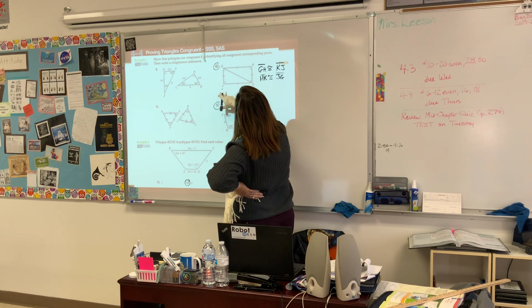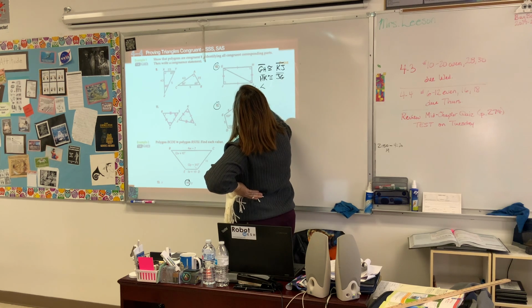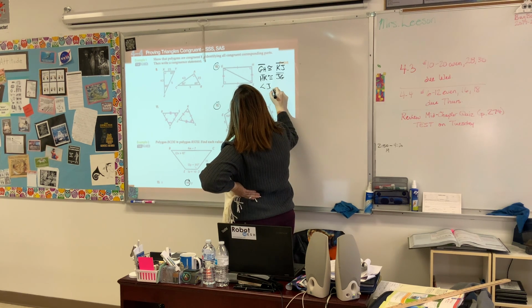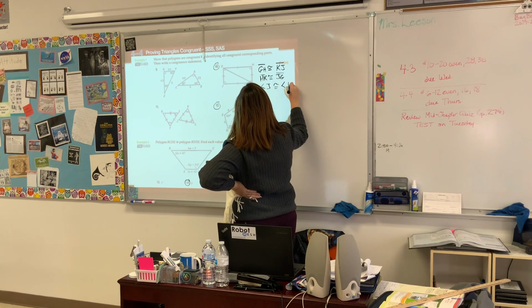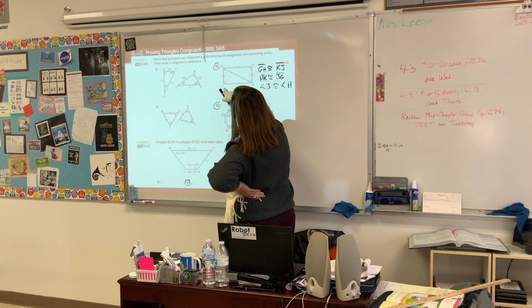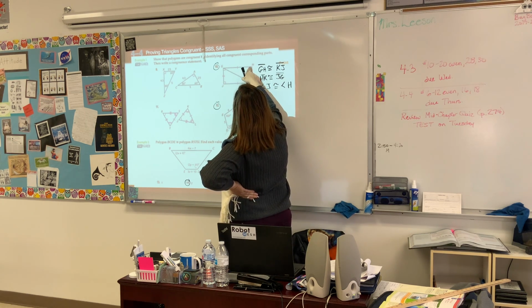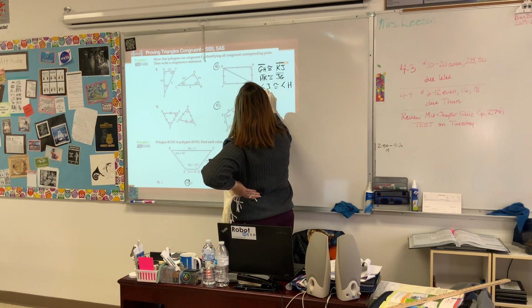Okay? So I have angle, and they didn't name these separately. So I know I have angle J congruent to angle H, but they didn't separate out JKG and HGK.